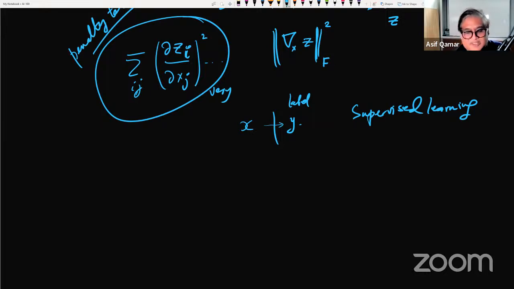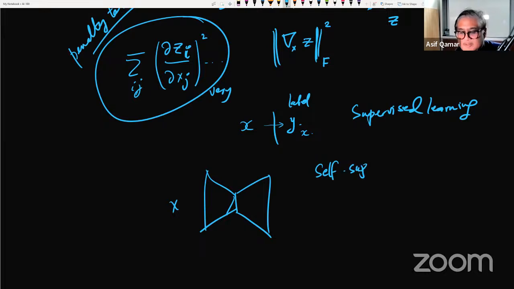But in this particular situation, X goes in, and what is the output? What is your Y? Y is X itself. So people call it self-supervised learning.